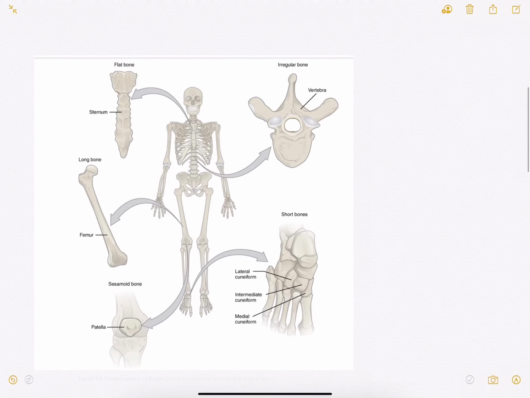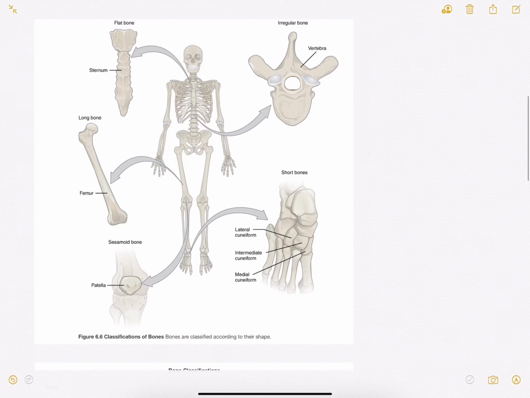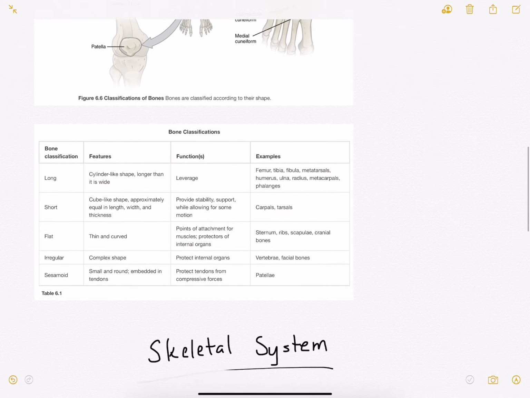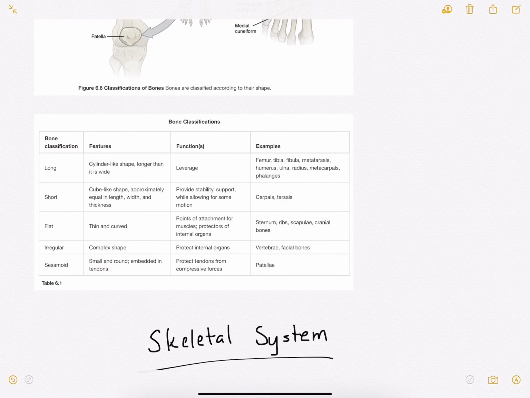And in the image here, the example of a flat bone they give us is our sternum, the bones of our chest. Going over to the fourth classification, irregular bones. They're irregular in shape, complex in shape.